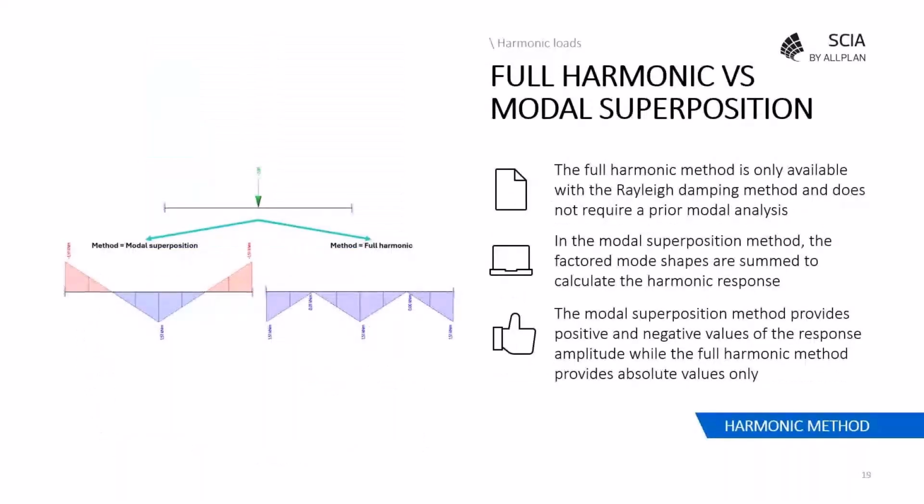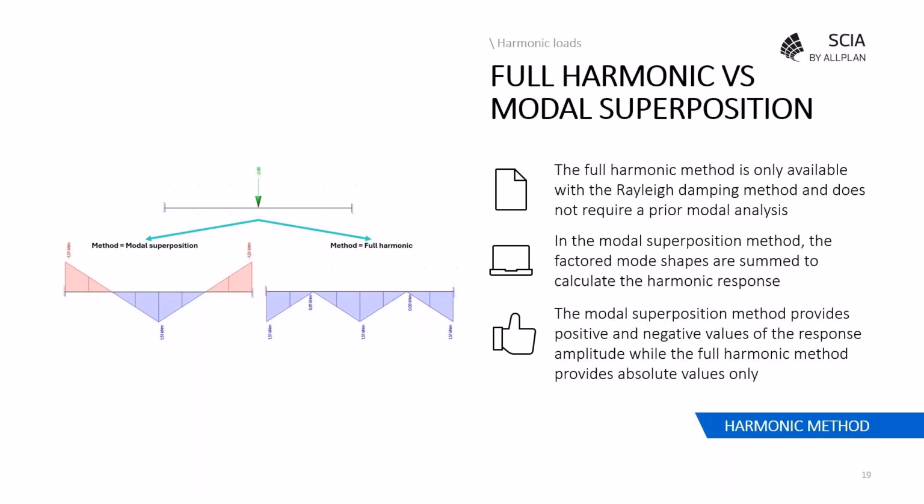Then we will talk a bit about the harmonic methods which are available. Now we have the choice between a full harmonic or a modal superposition method for the vibration analysis. The full harmonic method is only available with the Rayleigh damping and does not require a prior modal analysis. Whereas the modal superposition method uses factored mode shapes to be summed to calculate the harmonic response, so of course it requires a prior modal analysis.